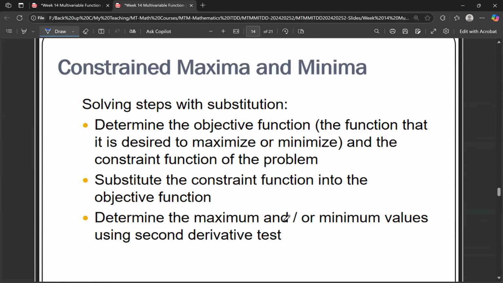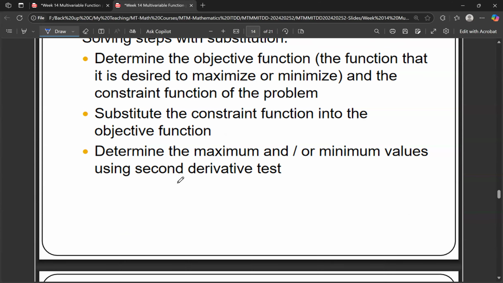And this is another topic, maybe the last topic. We now can solve constrained maximum or minimum problems. It means that we have two things in the formulation.